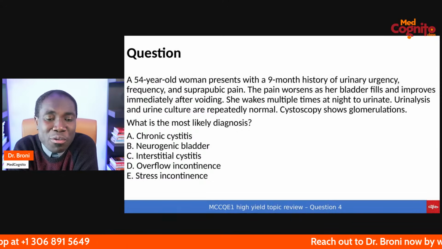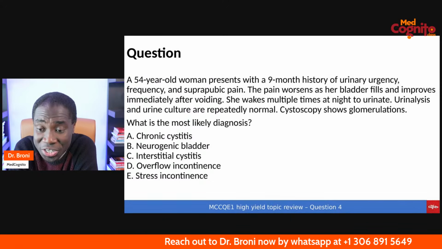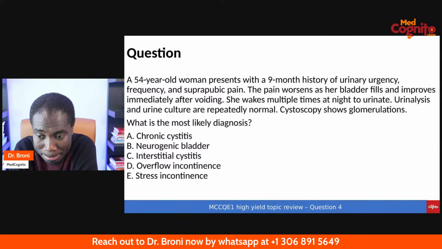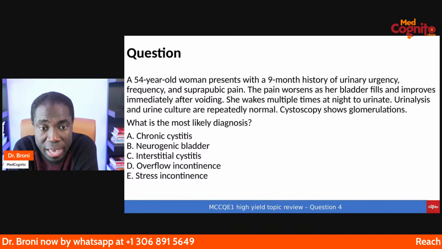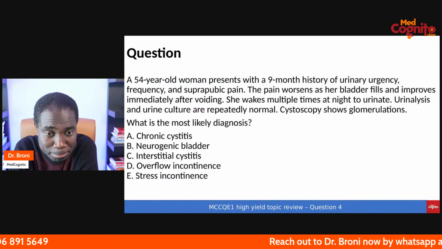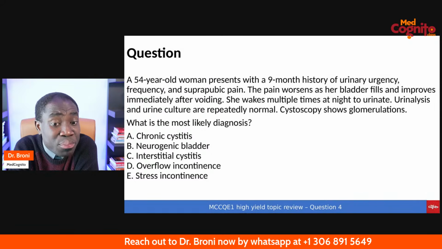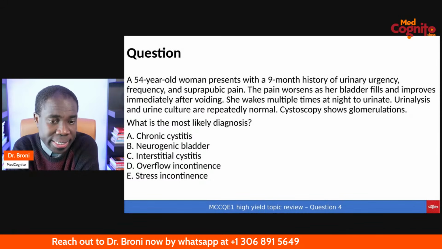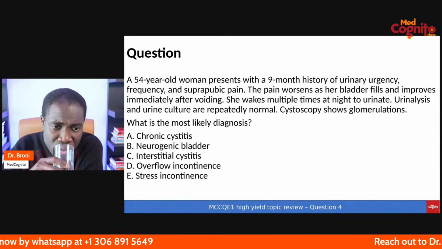You have a 54-year-old woman who presents with a 9-month history of urinary urgency, frequency, and suprapubic pain. The pain worsens as her bladder fills and improves immediately after voiding. She wakes multiple times at night to urinate.